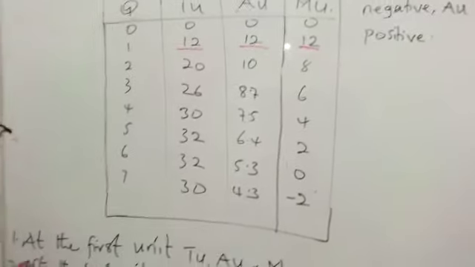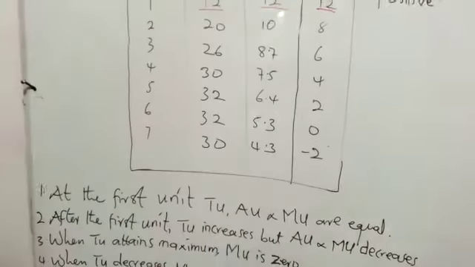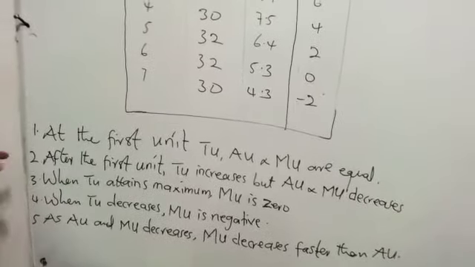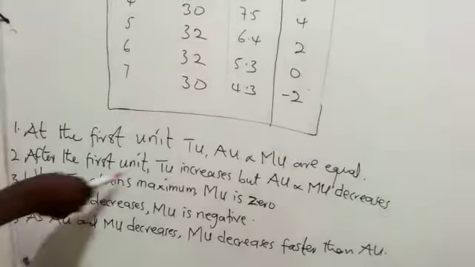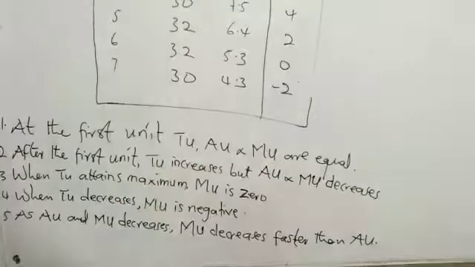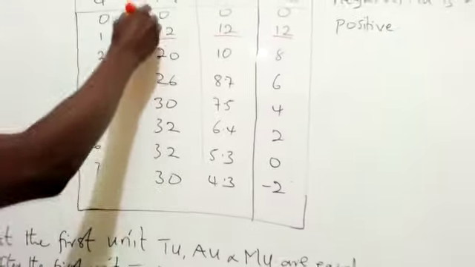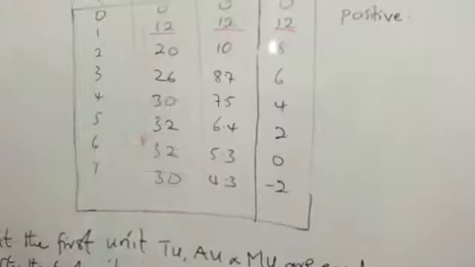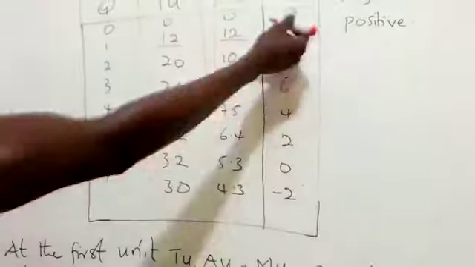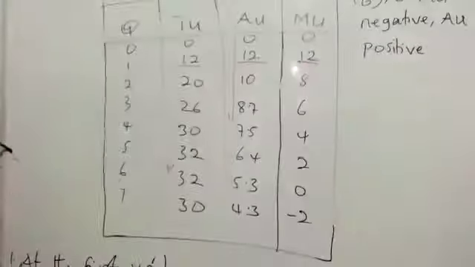So we said at the first unit, TU, AU, and MU are equal. Is that right? Then the second one, we said after the first unit, TU increases, but AU and MU decrease. So look at the values. They are decreasing while this one increases.